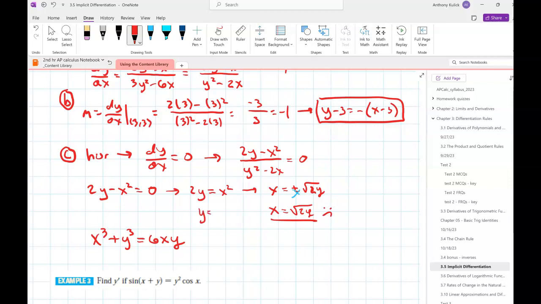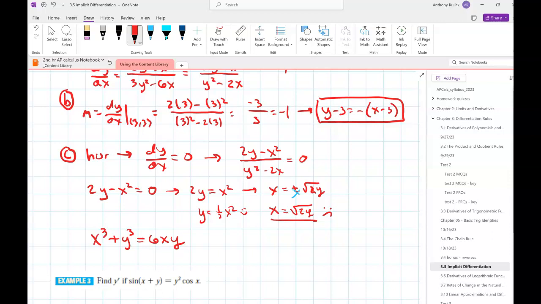And now that I'm looking at this, I don't like this. What if we said instead that y has to just equal 1/2 x squared? I like that a little better, right? Because I don't want to have to cube the square root of 2y. That stinks.